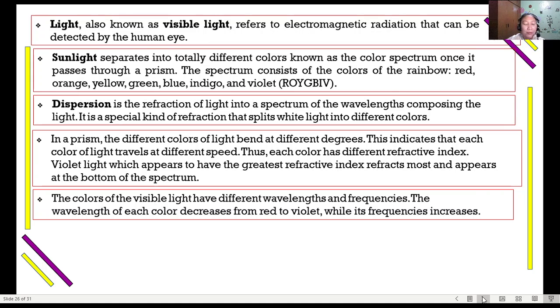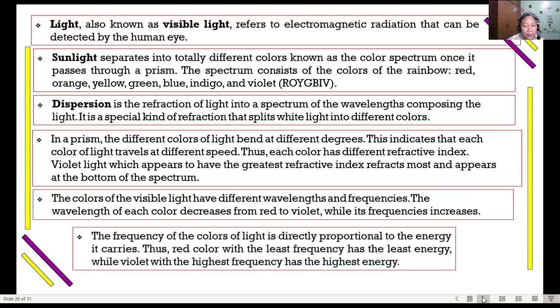Okay? From red to violet, left to right yon, wavelength decreases. Yung frequencies naman, increases. So, yung energy naman niya is also increases from left to right. The frequency of the colors of light is directly proportional to the energy it carries. Ayan, nabanggit ko na kanina, no?